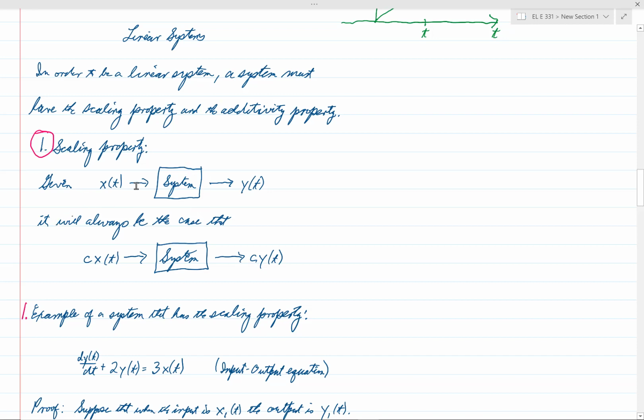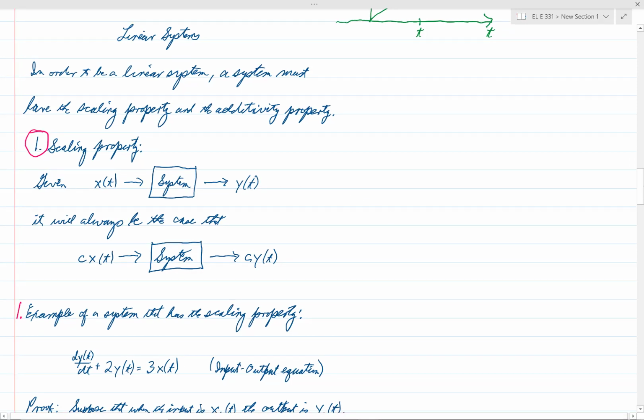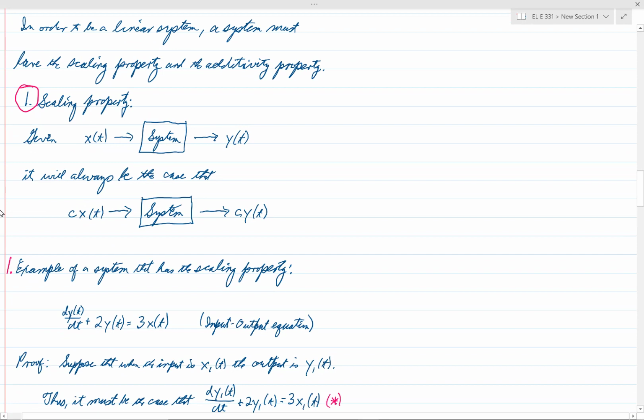Suppose that we have some system and the input is x of t and the output is y of t. If the system has the scaling property, then when the input is cx of t, the output will simply be cy of t.